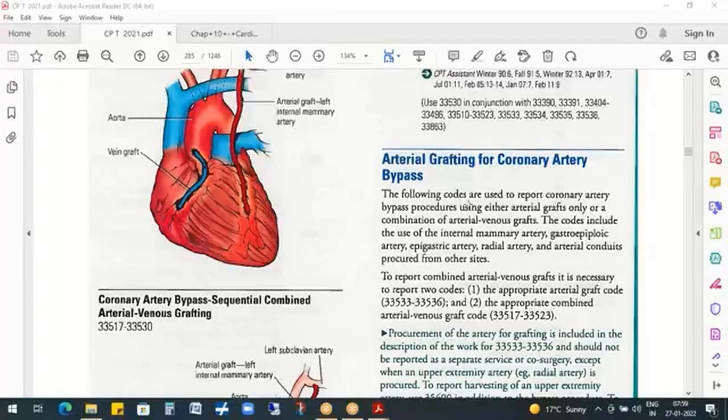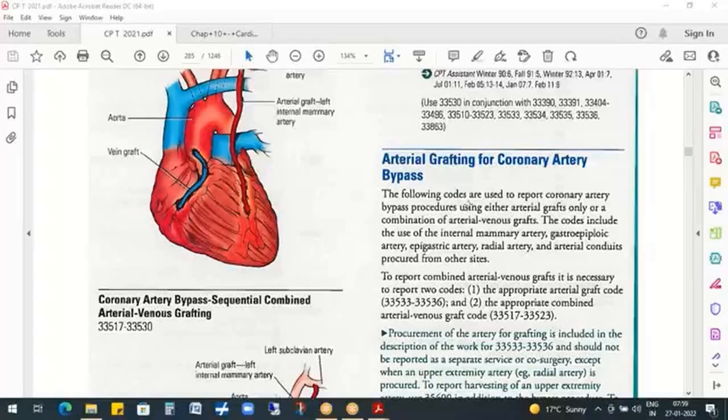Underline that first paragraph. What are the arteries they can use? Internal mammary artery, gastroepiploic artery, epigastric artery, radial artery, arterial conduit from other sites. These can be harvested.